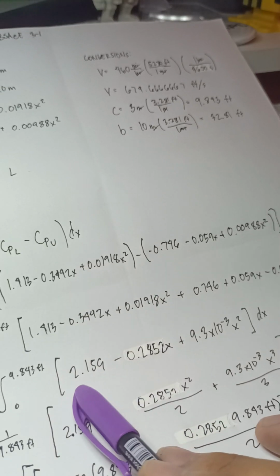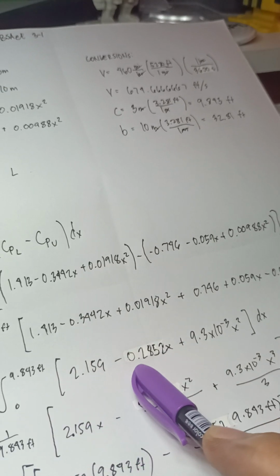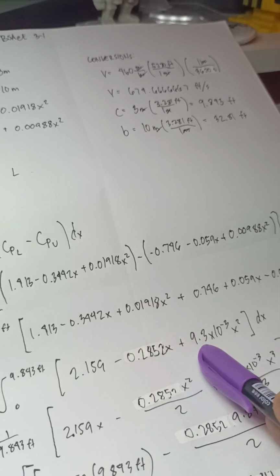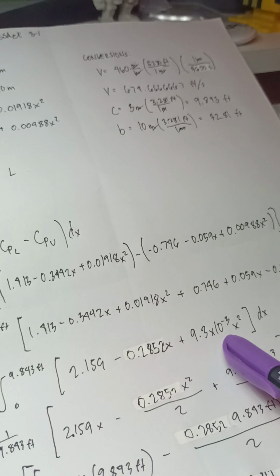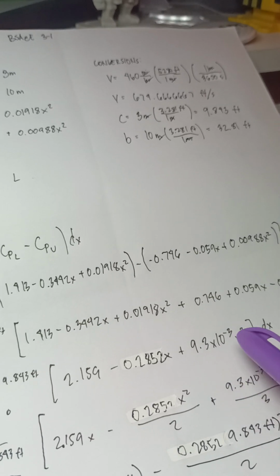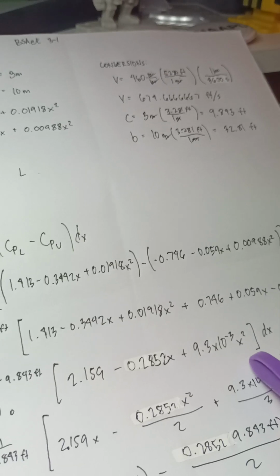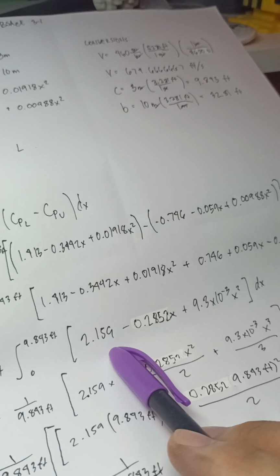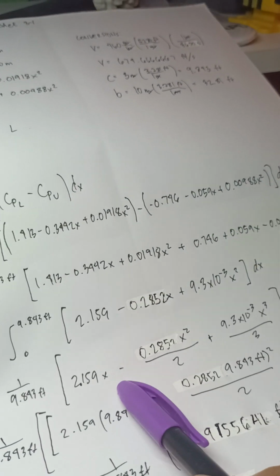So we have 2.159 minus 0.2852x plus 9.3 times 10 raised to negative 3 x squared. So, we just integrate it, and it is easy to integrate. For the constant, we put the variable x.